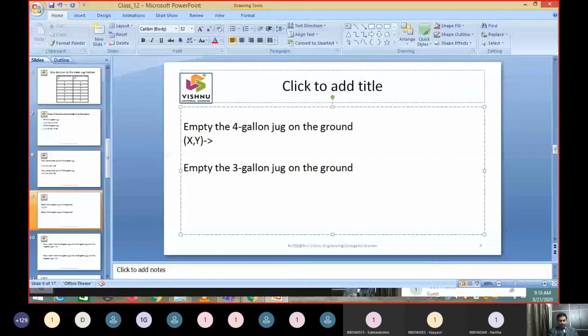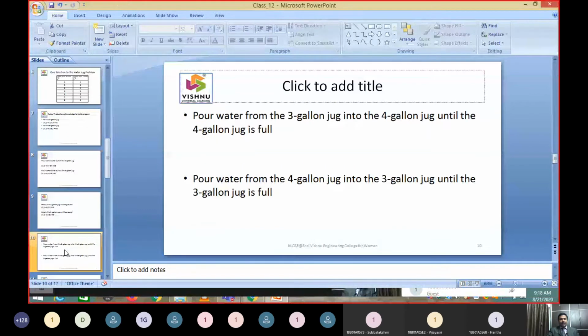You will get 0, y, provided the x value is more than 0. All these are simple equations. You can empty this 3-gallon jug also, and you will get x, 0. You can empty this when the y value is more than 0. These are simple things that you can understand.